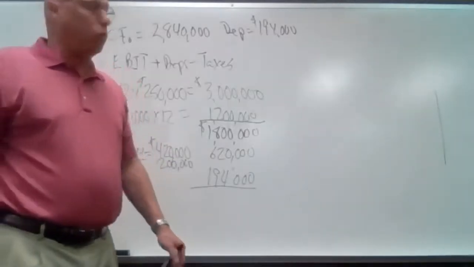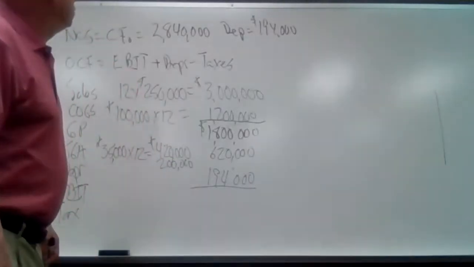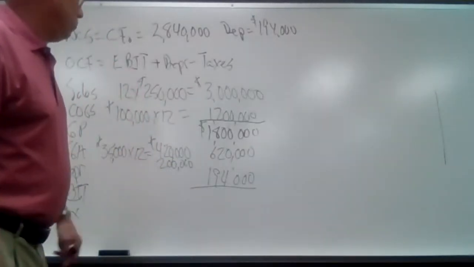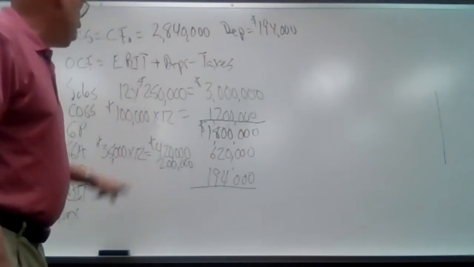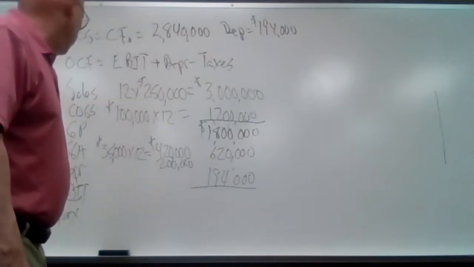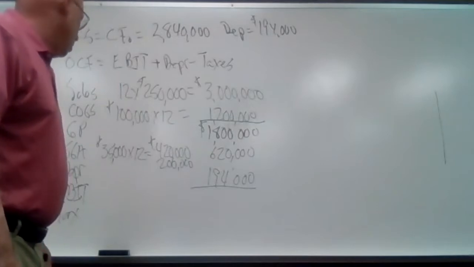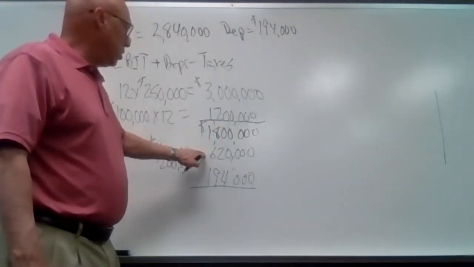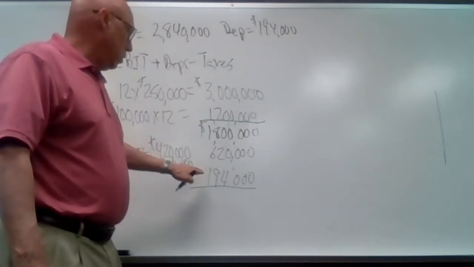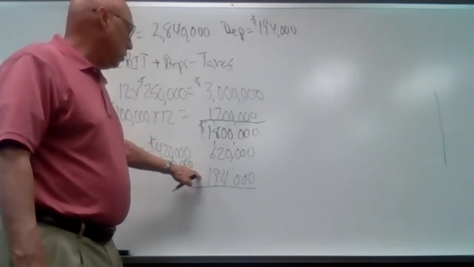When we set up the table for cash flows, you'll see it, okay? But it's not going to show up on our income statement. All right, so we have 3,000,000 less 620,000 less 194,000. How much is that?